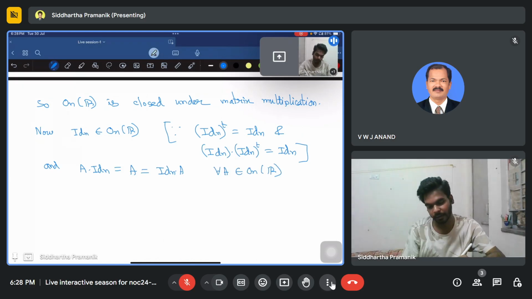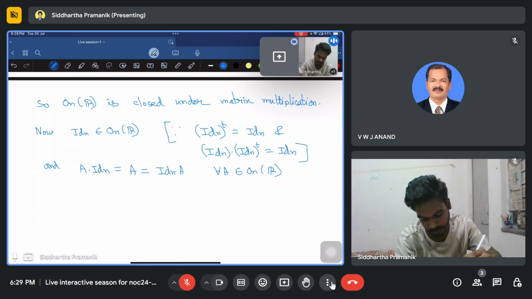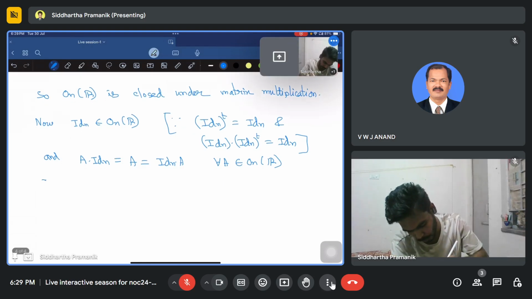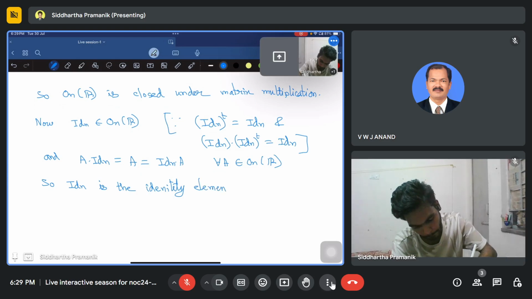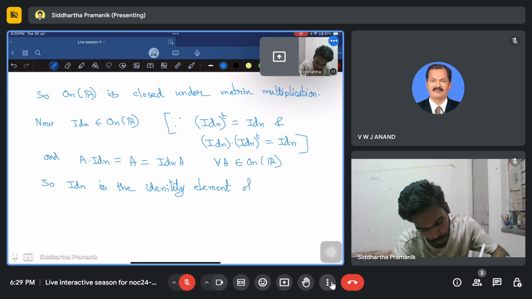So clearly the identity matrix serves as an identity element of this set. So I_n is the identity element of O(n, R).